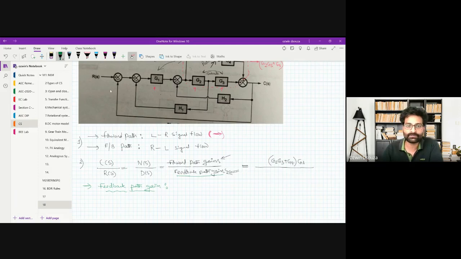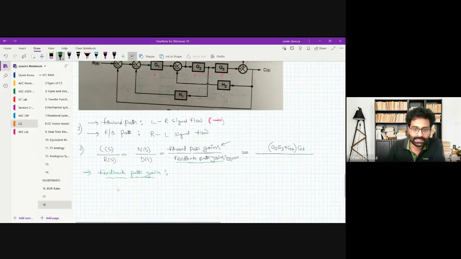So quite obvious that the feedback path gain you will get in this form: 1 plus G(s) into H(s). All we have to do is identify various G(s) and H(s) factors.